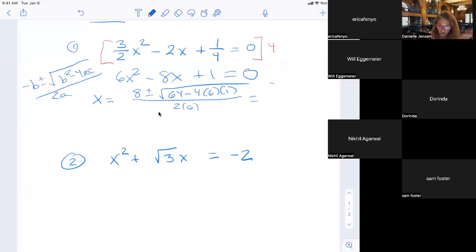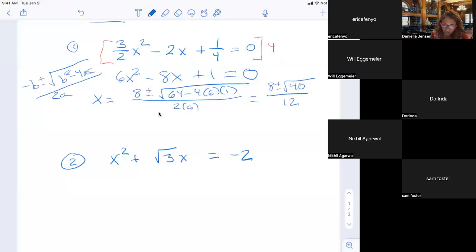What do we get inside the square root here? What's 64 minus 24? 40, over 12.